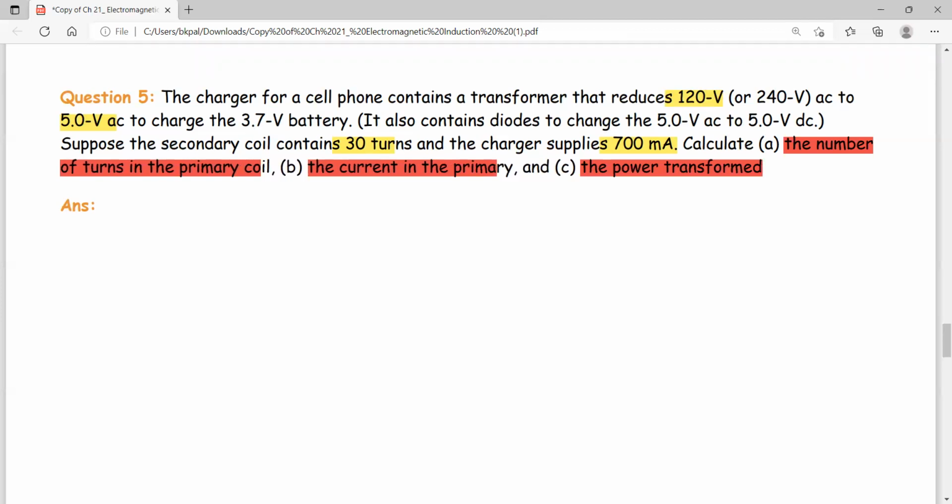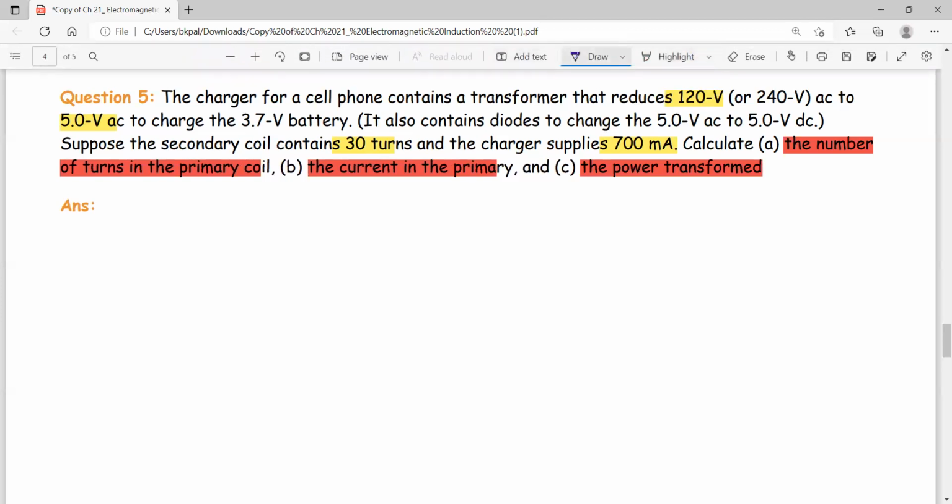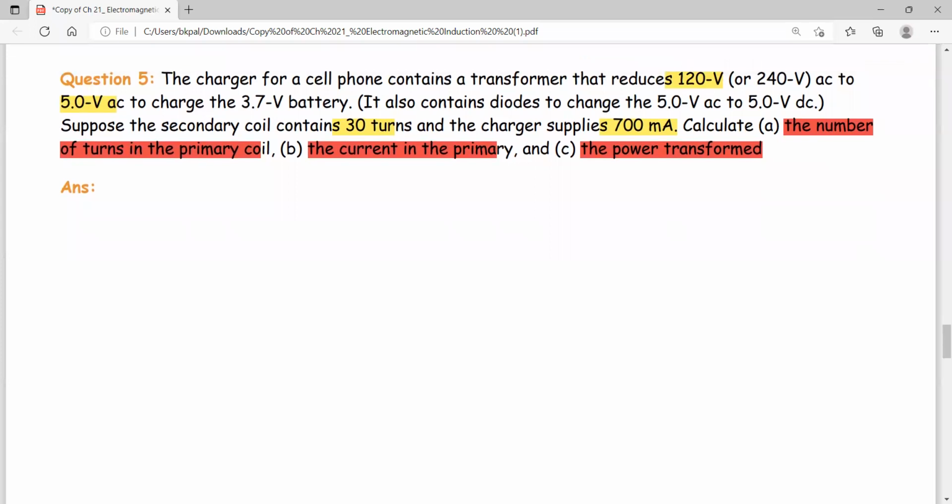Basically we have to deal with the transformer equation. If you remember, the transformer equation was something like this: VS over VP, or ES over EP, equals NS over NP. Instead of EMF, you can write VS and VP. It's basically the same thing.